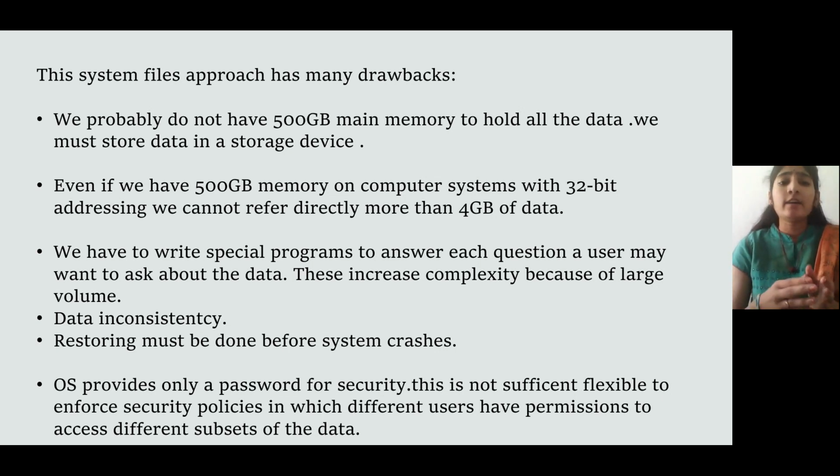And even if we have 500 GB of main memory, on computer systems with 32-bit addressing we cannot access more than 4 GB of data at a time. We have to write special programs to access more than 4 GB of data.